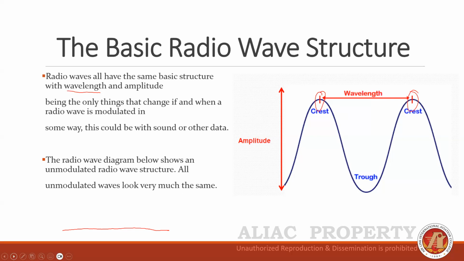Radio waves all have the same basic structures, with wavelength and amplitude being the only things that can change if and when a radio wave is modulated in some way. This could be sound or other data. The diagram shown here is an unmodulated radio wave structure. All unmodulated waves look the same.